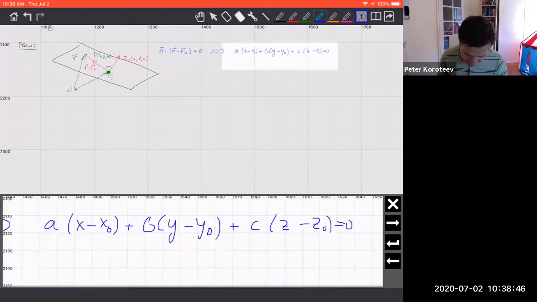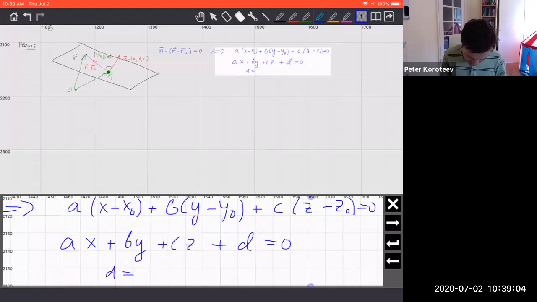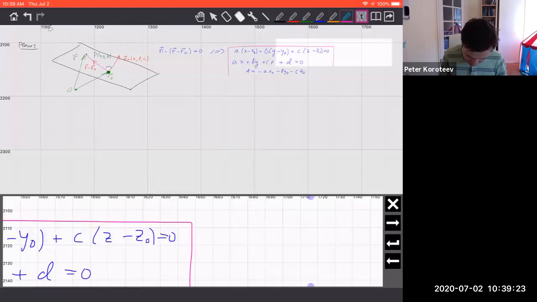I announced the equation for the plane in a slightly different form, so let's open the parentheses and collect the terms. Then you can write it as ax plus by plus cz plus d is equal to 0, where d is just the remaining stuff: minus ax0 minus by0 minus cz0. So these are two different equations; this is the equation that parameterizes the plane.